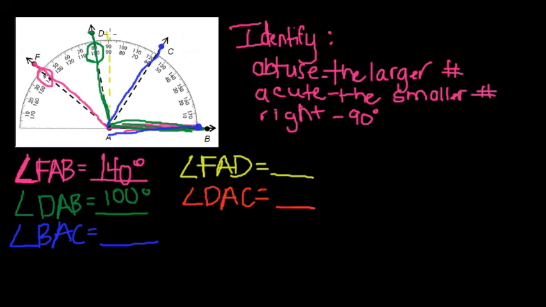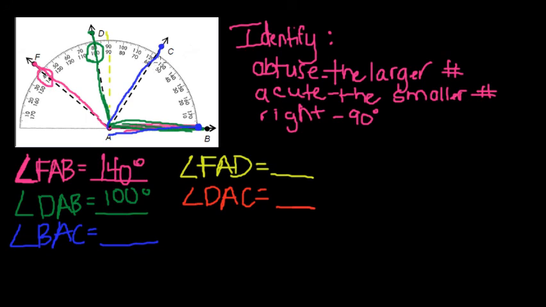Well, previously I drew the 90 degrees right here, and if I'm going from B to 90 degrees, it doesn't quite get to 90, it's less than 90. So it's acute, so I'm going to use the smaller number on the protractor. Here it's not exact, but we're going to get as close as we can. It says 60 or 120, and it's acute, so I know it's 60.